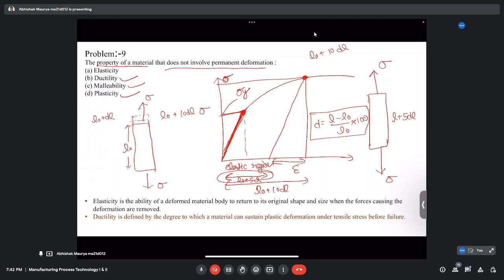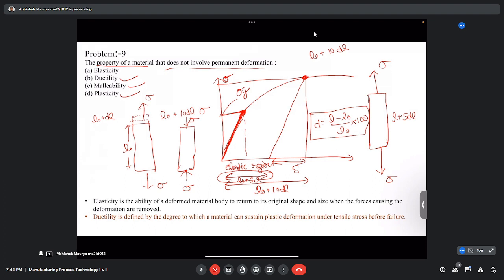If we apply tensile load, the deformation created is the ductility of the material. But what will happen if we apply compressive load? Then also the material will deform, and this permanent deformation of the material because of compressive load comes under malleability. Only the nature of load was different.